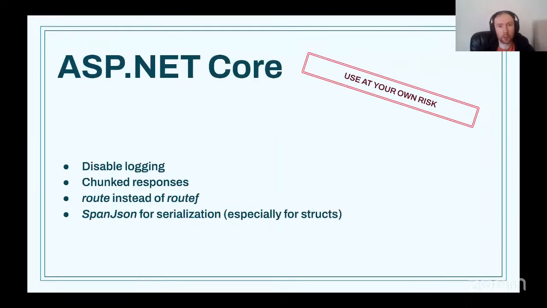As for ASP.NET Core, there is not much to say. I did pretty standard things like disable logging and use chunked responses. If you're not sure what chunked responses are, the web server can choose whether to specify content lengths of your responses, or you might not want to specify.